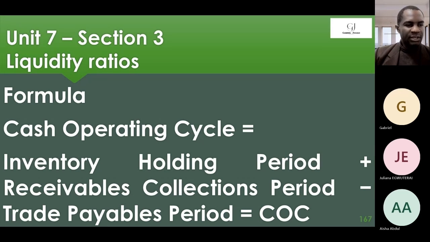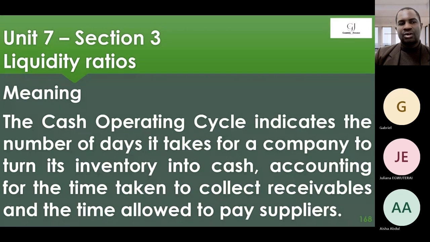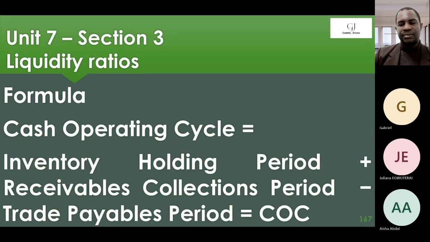Okay, so the formula for cash operating cycle is your inventory holding period plus your receivables collection period, minus your trade payables period, and it culminates in your cash operating cycle or cash conversion cycle. So IHP plus RCP minus TPP gives you your cash operating cycle.